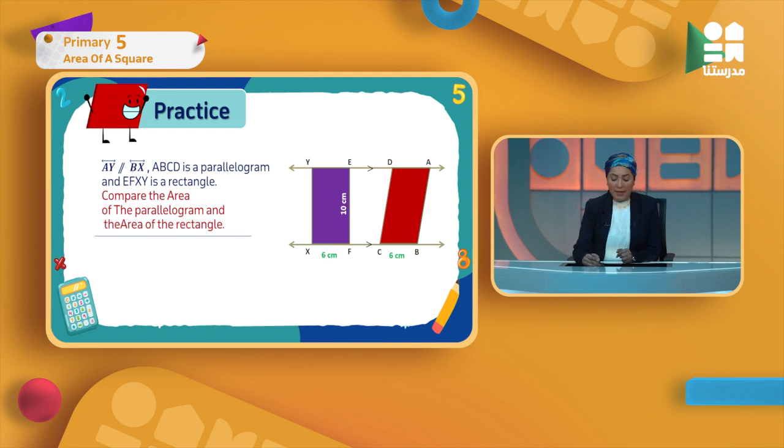If we notice, we said we drop the height of the parallelogram from one of the two opposite sides on the other one opposite to it.